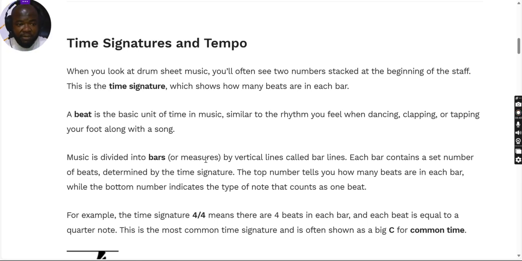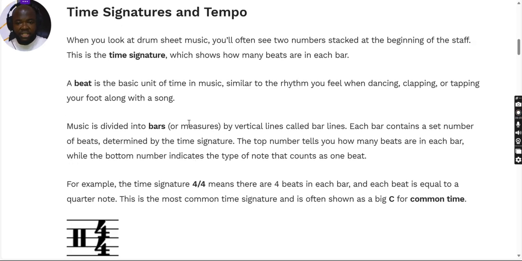If you're a musician, you need to understand how a time signature is written on a music piece, not just a drum piece, because if you don't understand that, you'll find it very difficult to play along or to even sight-play. Time signature is different from tempo. The tempo refers to how fast or how slow the music goes, but the time signature is what directs the style of music you're playing. So it helps you understand the piece itself.